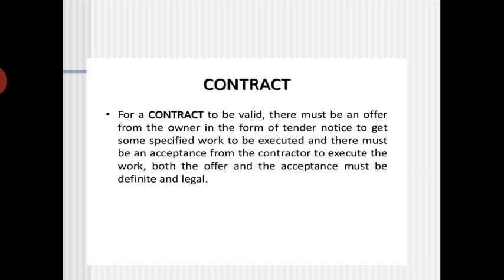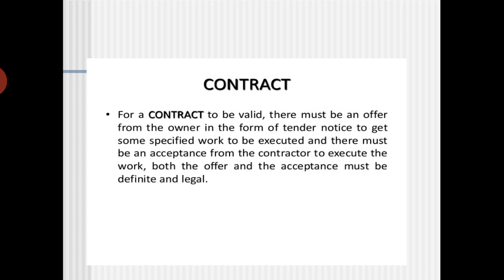Then the contract. What is this contract? For a contract to be valid, there must be an offer from an owner in the form of a tender notice to get some specified work executed, and there must be an acceptance from a contractor to execute the work.